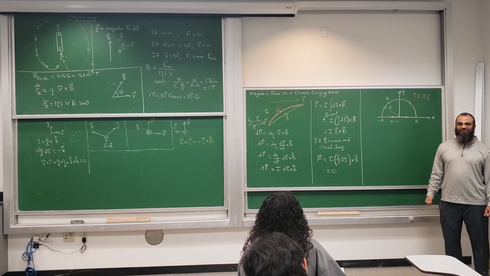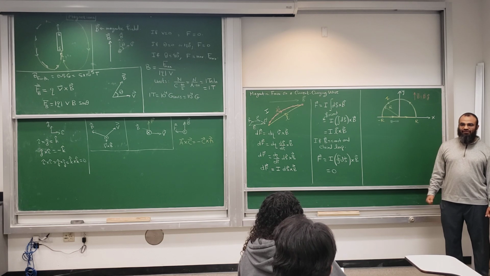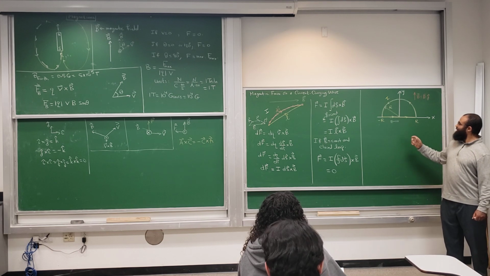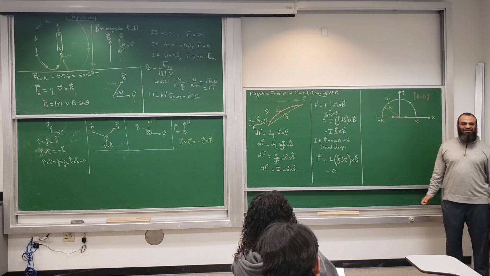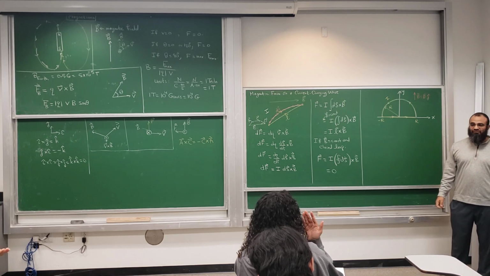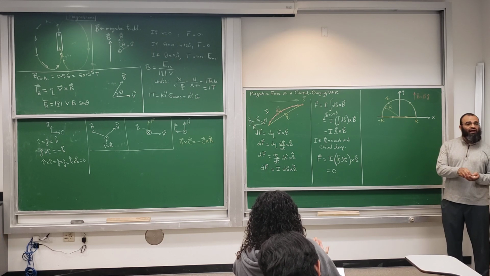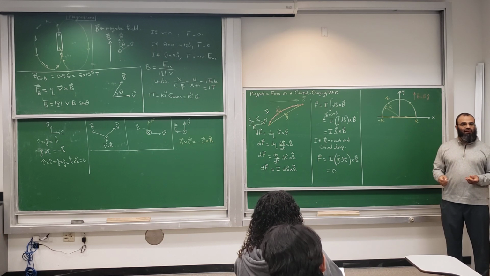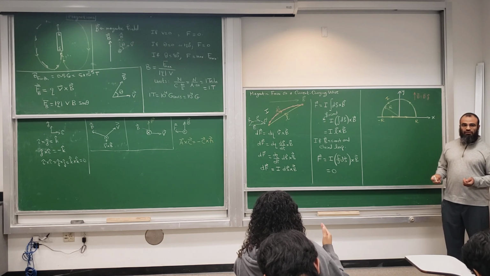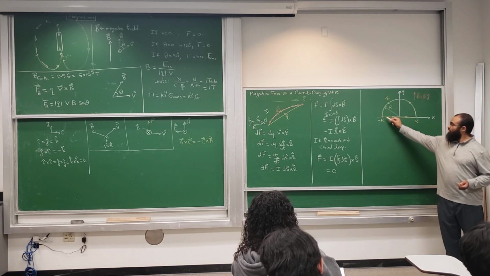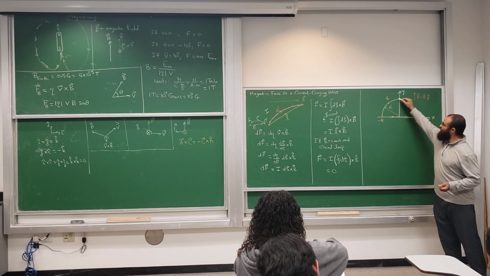Good? Oh yeah, I was just thinking about how it's going to be on the curve. Okay, and the curve will be into the board. We'll figure it out. We're going to do it. So let's find it on the straight segment and then find it on the curve. Wait, so are we finding two forces? The force of the magnetic field and the one on the current carrying wire? No, we're trying to find the magnetic force on this segment and then the magnetic force on this segment.